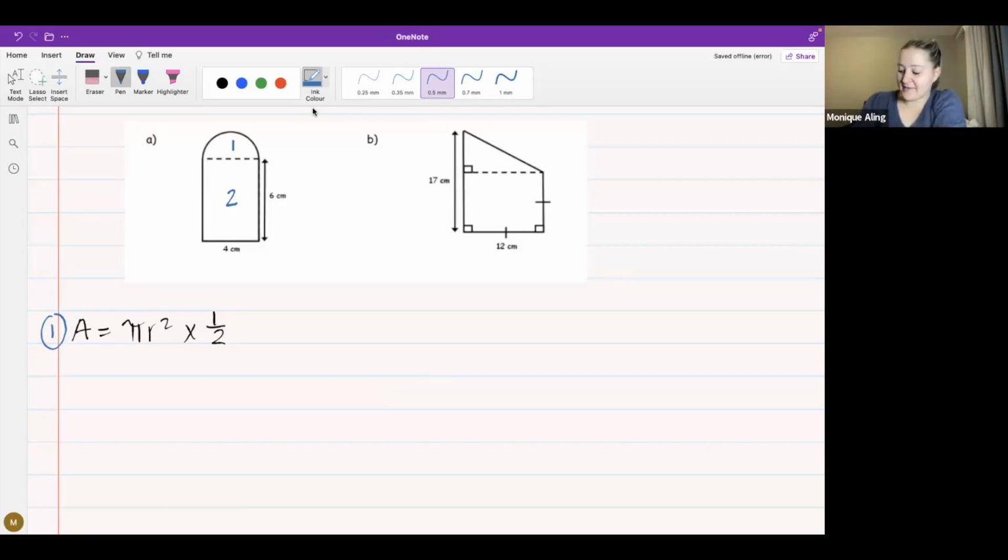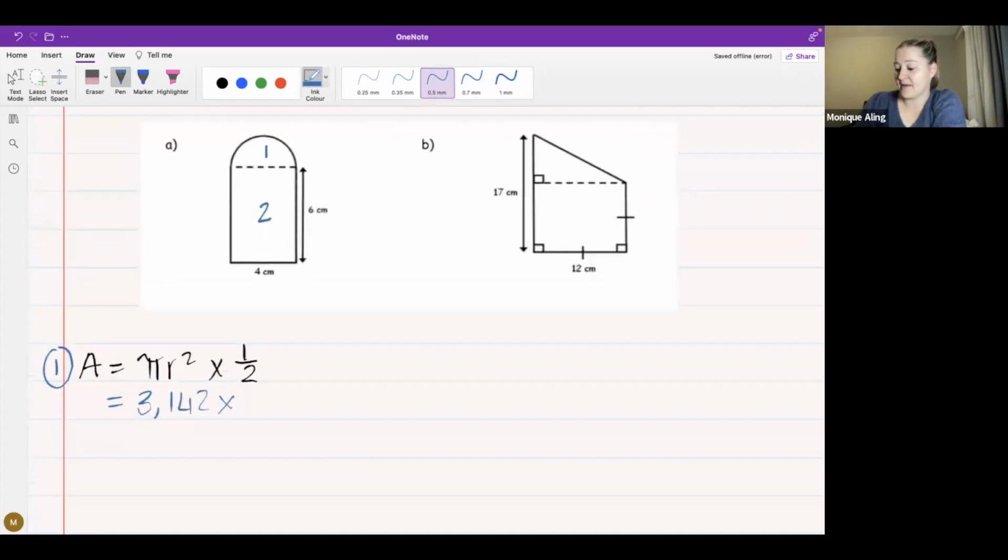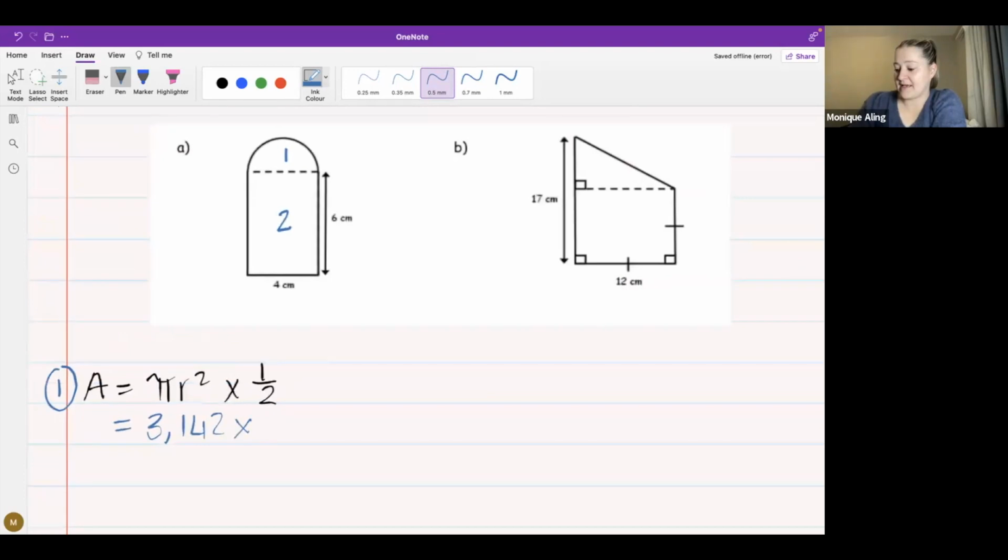Okay, so if we're looking at the semicircle, we're using pi as 3,142 times by. Okay, so here is something to just make sure of. Our diameter is 4 because remember this line is equal to this line over here.